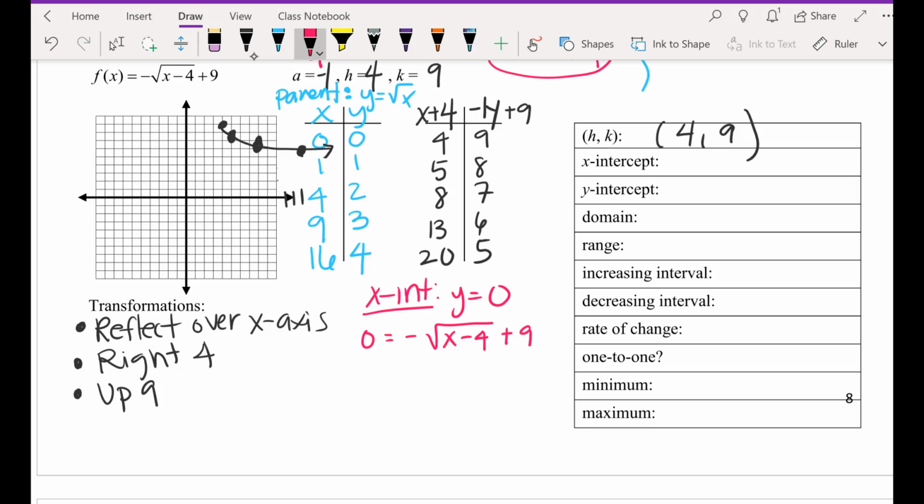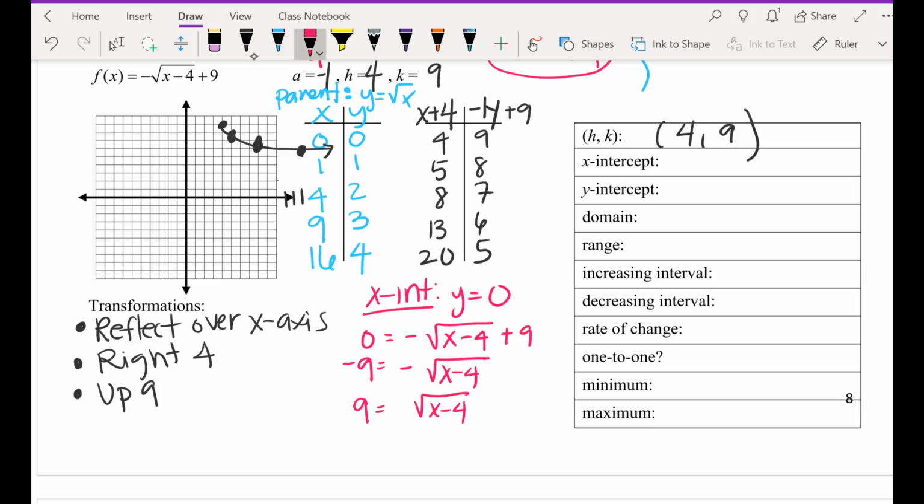Sam, step number 1 for solving for x. What do you move? Good. So negative 9 equals negative square root of x minus 4. Well, step number 2, Stacy. Good. Divide both sides by negative 1. So 9 equals square root of x minus 4.